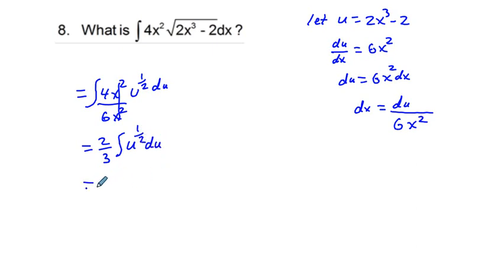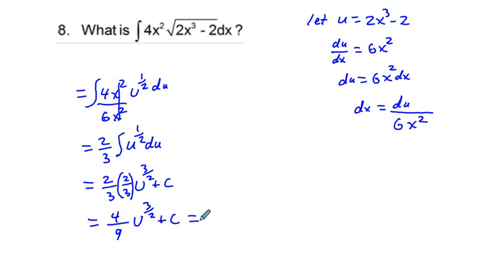And now, using the power rule, that u to the 1/2 is going to become u to the 3/2, and dividing by 3/2 is the same as multiplying by 2/3, and plus c, so that's going to be equal to 4/9 u to the 3/2 power plus c.